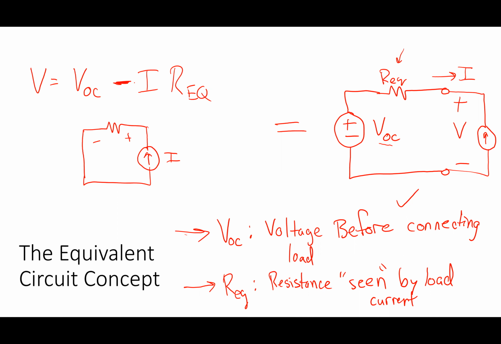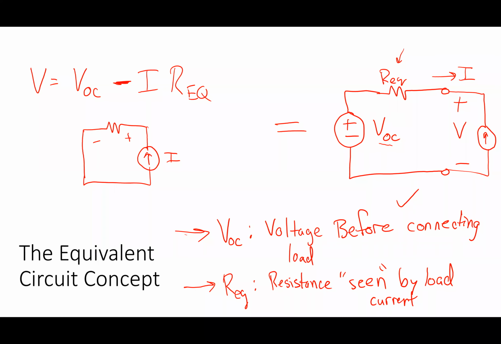In theory, the load current causes the open circuit voltage to drop, causing the voltage at that terminal to drop from its open circuit value. It's how that load current affects the output voltage. That load current is not I short circuit; it is just the load current.